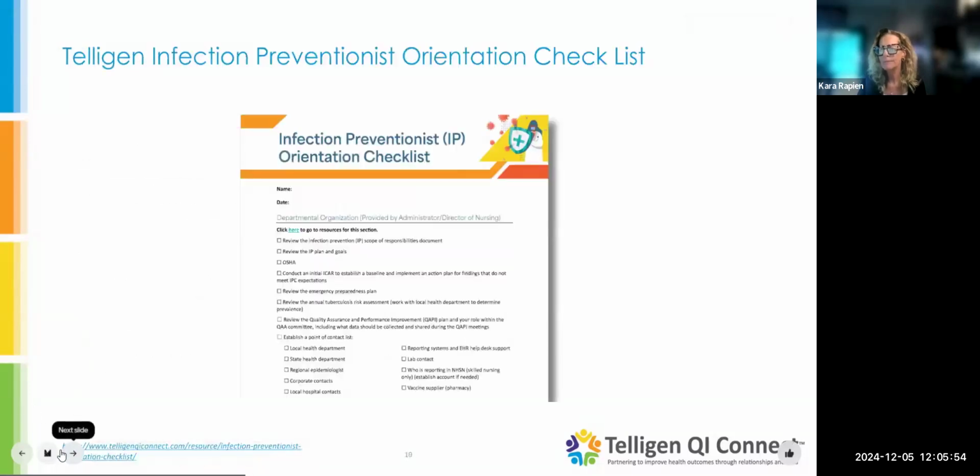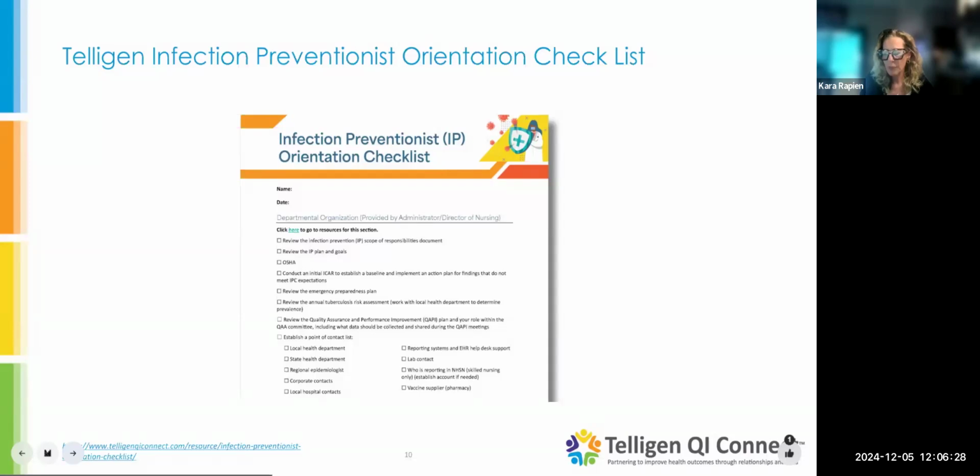Next slide, please. So before we dig in, I want to share with you Telegen's Infection Prevention Orientation Checklist. This checklist will address the following areas. It's going to ensure a review of the infection prevention scope of responsibilities, the IP plan and goals, and updates to department policies and procedures, a review of the facility emergency preparedness plan that you need to make sure you're aware of, as well as your COVID plan.